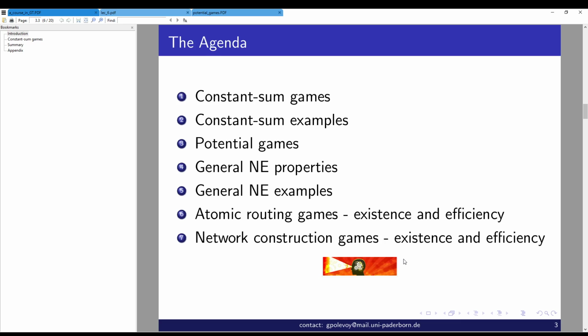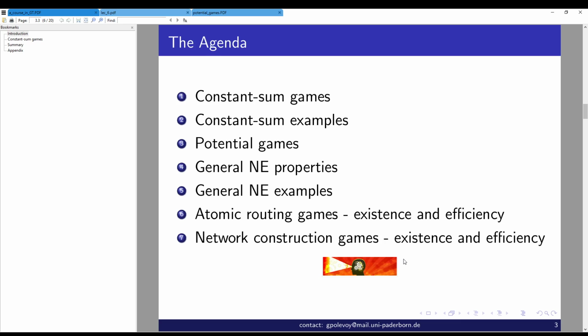Atomic means that you assume you have a finite number of players, each of which controls a non-negligible part of the traffic, unlike the case when we have infinitely many players with infinitesimally little traffic each. And in the case of atomic routing games, we're going to look at the efficiency. That's the famous result of Tardos and Roughgarden.